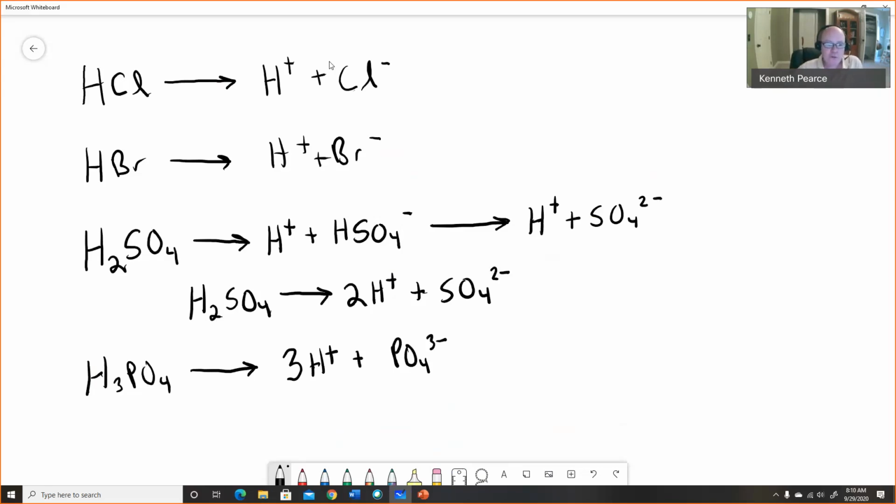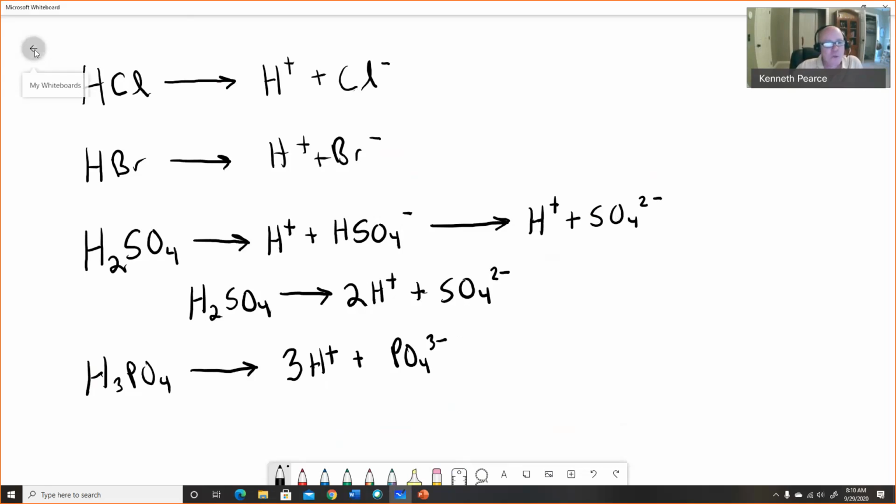So when acids dissociate, this is what you get: the H+, a proton, plus whatever the polyatomic ion or element anion that comes off as well. It's the H+ that's going to actually be doing the reacting. The chloride, the bromide, the sulfate, the phosphate, those are there predominantly for charge balance.